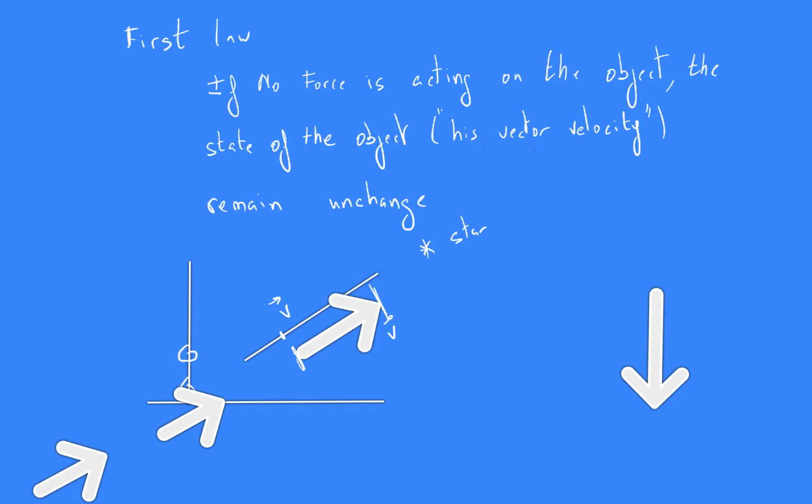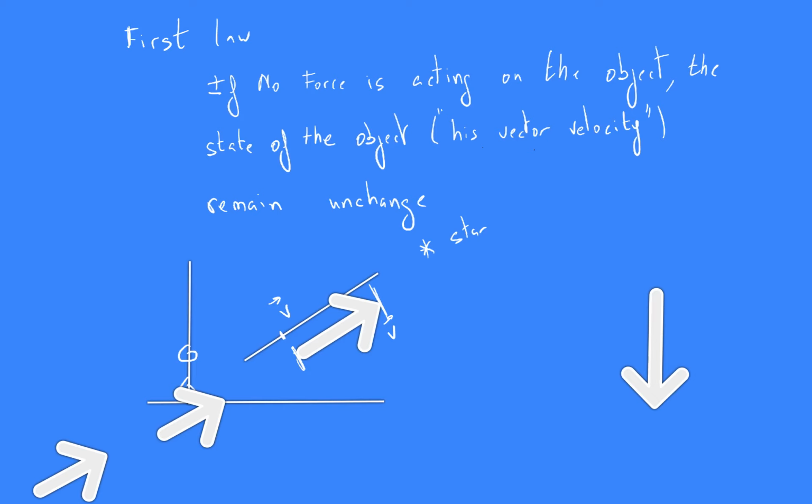And the answer that Newton gives us is, if an object keeps moving with constant velocity, it means that the direction doesn't change and the magnitude of the velocity, the length of this vector, doesn't change.